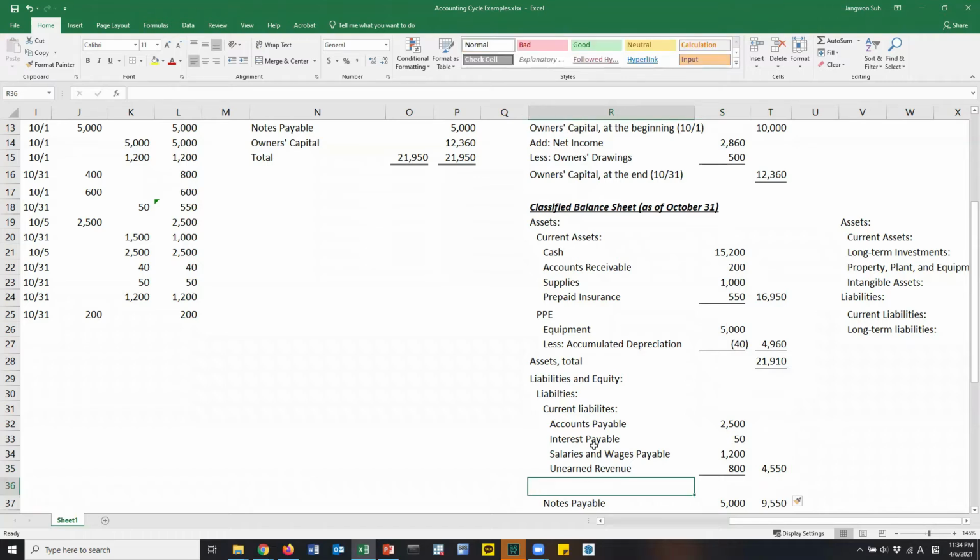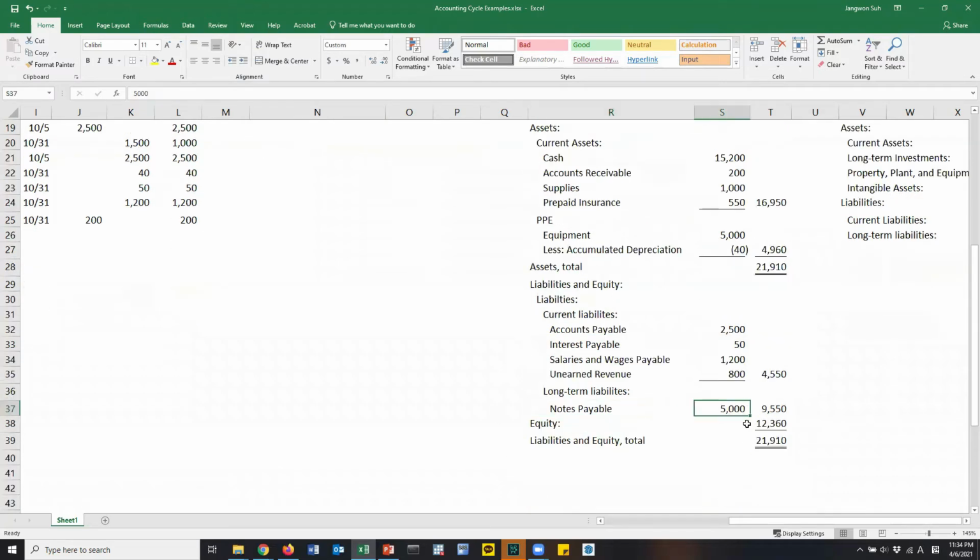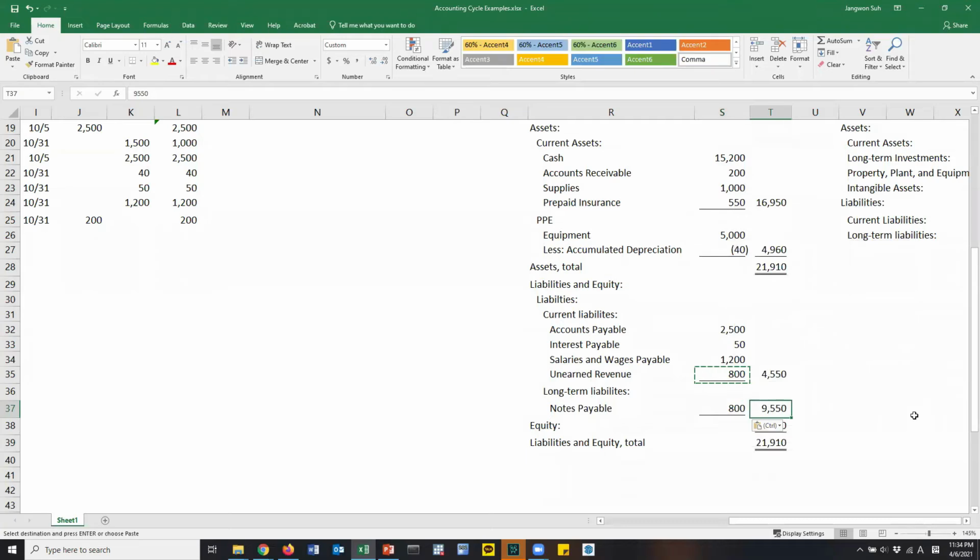And then considering that these are all long-term, let's classify them as long-term liabilities. Indeed, we have only one item, so it is not complicated at all.